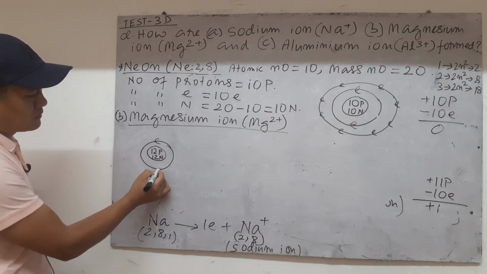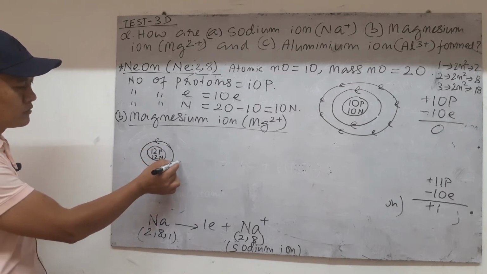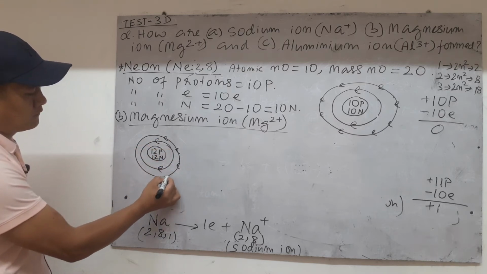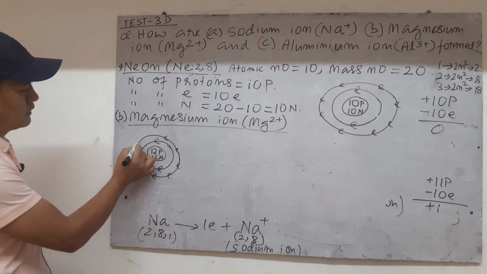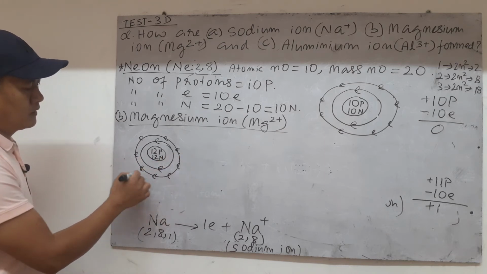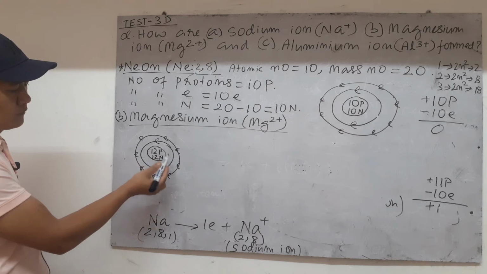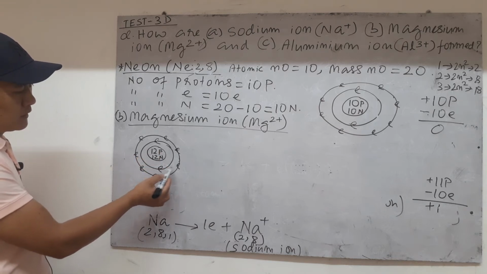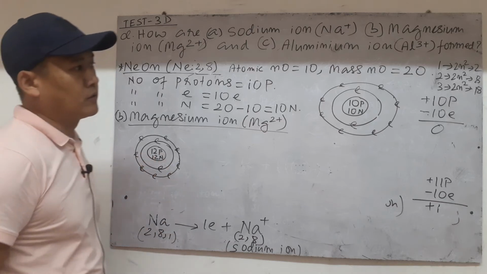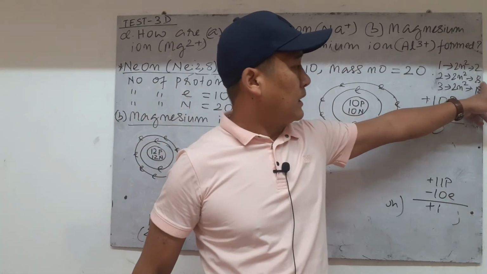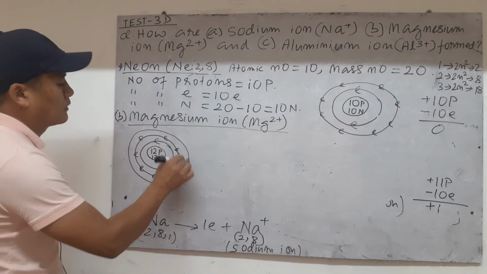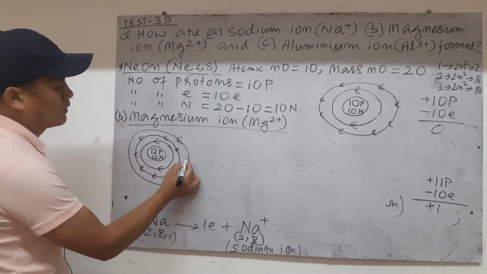In the first shell, a maximum of 2 can go according to the Bohr-Bury rule. In the second shell, 1, 2, 3, 4, 5, 6, 7, and 8 can go. We know that. And then 12 electrons means 2 plus 8, 10. So the 2 extra cannot be put in the second shell, because according to Bohr-Bury the second shell maximum is 8. So those 2 extra will go to the third orbit, which has 2.